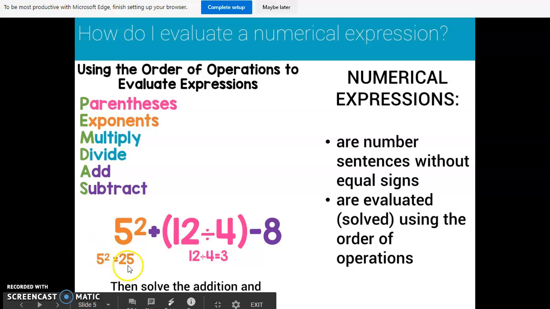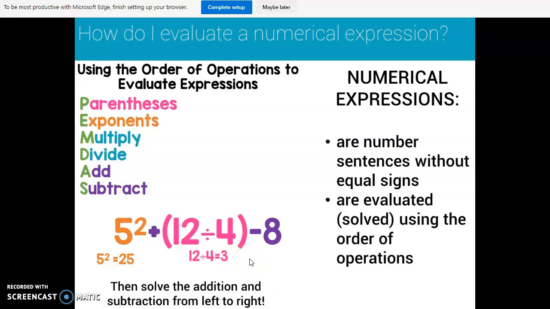When you add 25 plus 3, you get 28. And when you subtract 8 from your 28, you are left with 20. So make sure you have that 25 plus 3 minus 8 equals 20. And remember, you work from left to right.